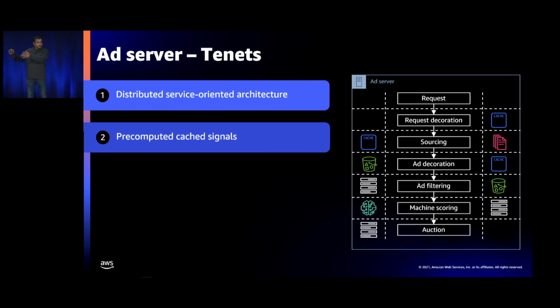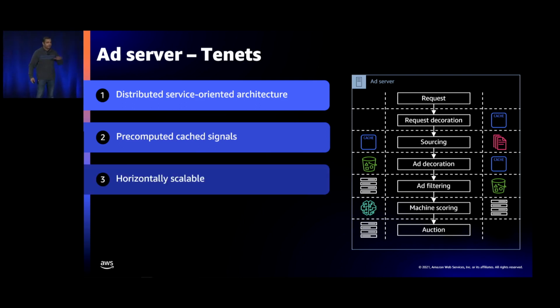You get the data, you compute it, give it to the ad server in a pre-computed manner so that it uses it and moves on. Don't waste time there. It's precious. The third was we wanted to be horizontally scalable. If more data is needed, we can't shove more into a single host. It will cap out at some point in time. And the business would always want more. There will never be a business which wants less.